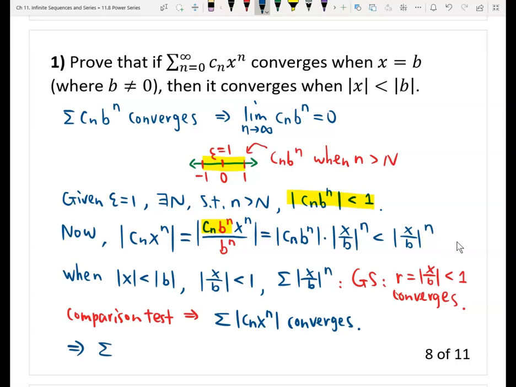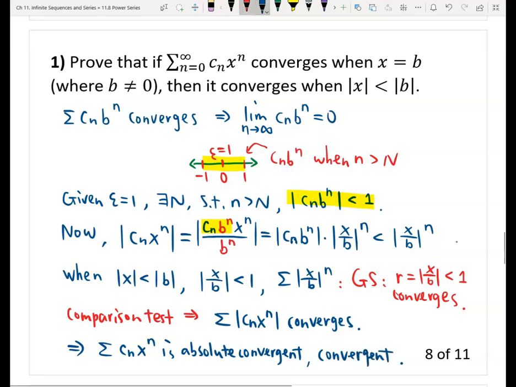Therefore our series, without the absolute value, is absolutely convergent. Remember what is absolute convergent? If absolute convergence, then our series converges, right? See, that's the result. So now we prove our series converges when x less than b, which means inside of b.